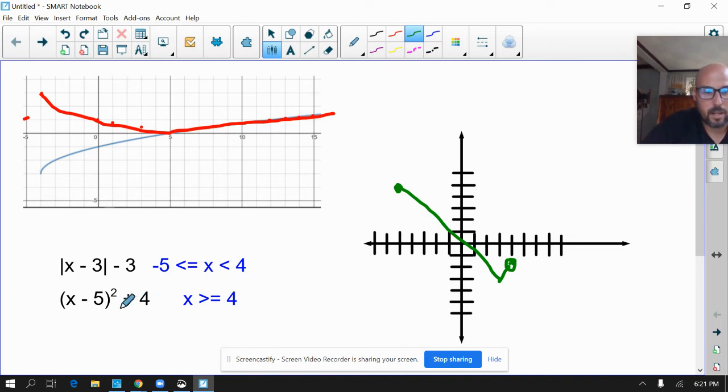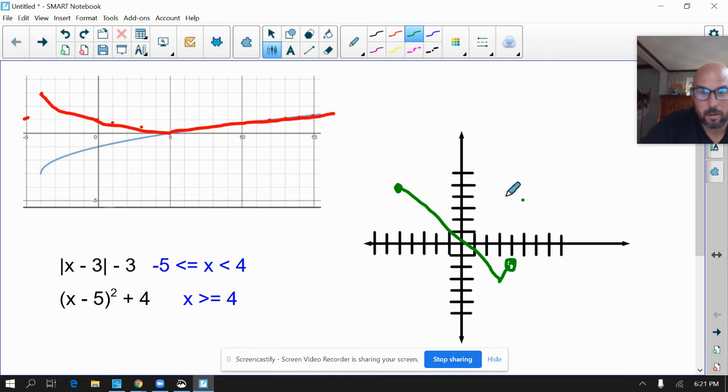The quadratic piece of this function, again, transformations. So to the right 5 and up 4 is where the vertex is. The vertex is normally at the origin, but this one is to the right 5: 1, 2, 3, 4, 5, and up 4: 1, 2, 3, 4. There's where the vertex is. And imagine the parabola swooping down and touching that vertex.